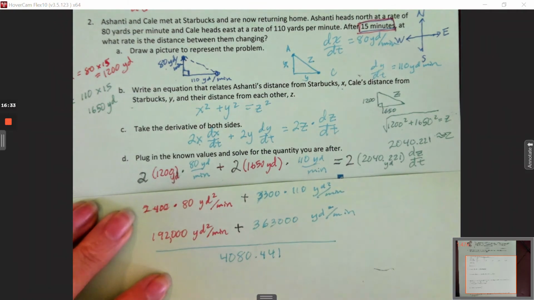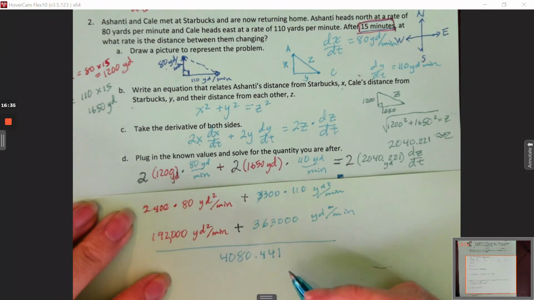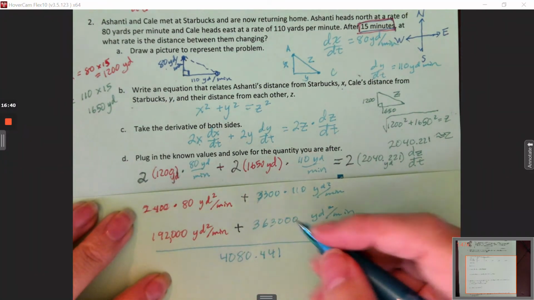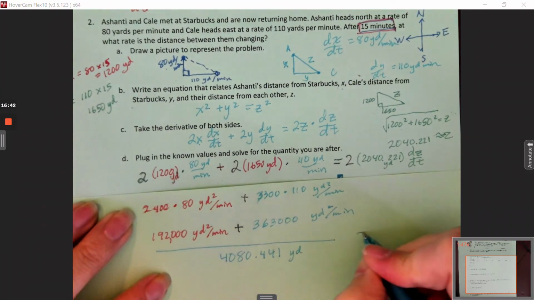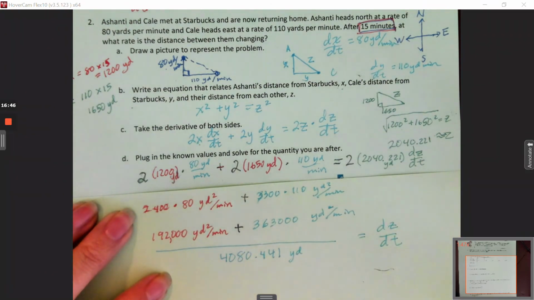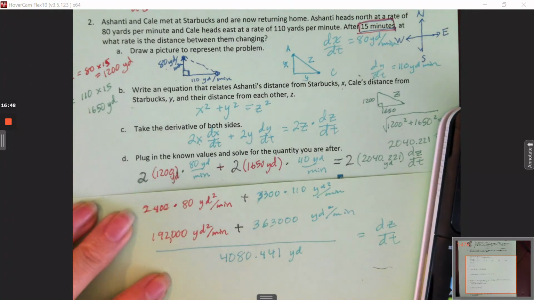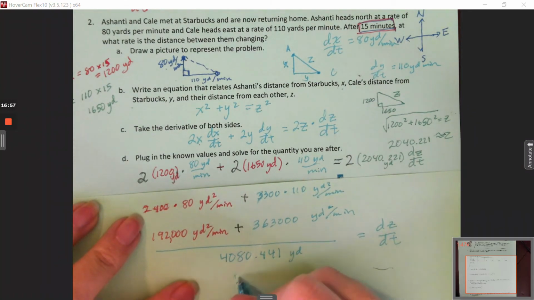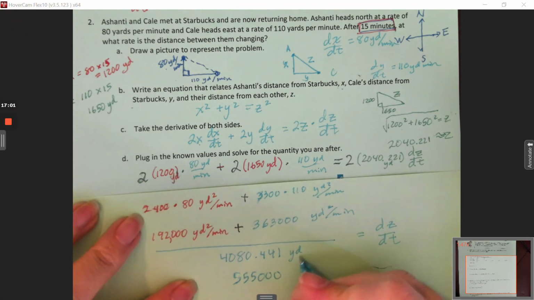But the decimal's right because I didn't use that rounded decimal. I used the one that was in my calculator. Okay, yards equals dz/dt. So I'm done. I'm going to clean this up though. 192,000 plus 363,000. The numerator is 555,000, and yards into yards squared.